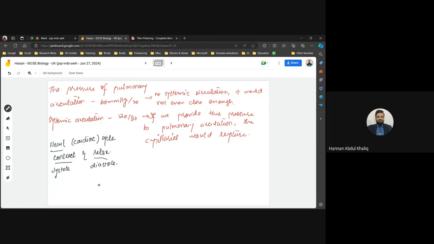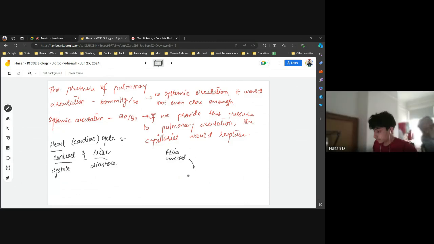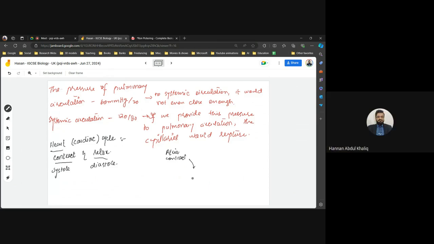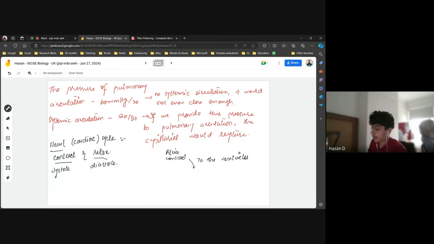I have mentioned this already. First of all, you know that the atria should contract, moving the blood to the ventricles. Right? Yeah.